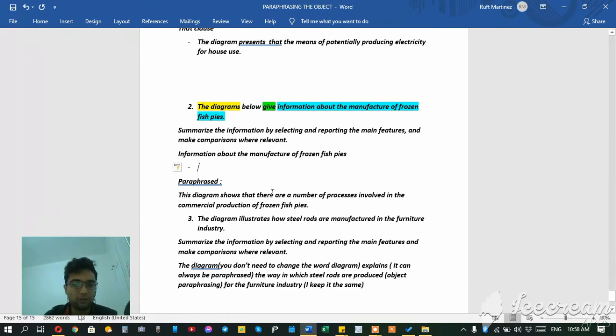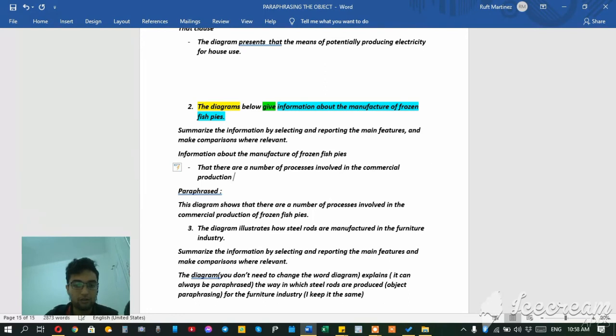So here we have that clause: that there are a number of processes involved in commercial production of frozen fish pies.